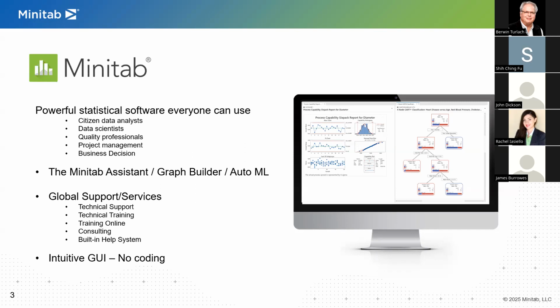We also have a global support system to help you solve problems: tech support, training, online or on-site, and consulting, plus a comprehensive online built-in help system. When you use Minitab, there's no coding. This is guaranteed. You just click, you get the answer.